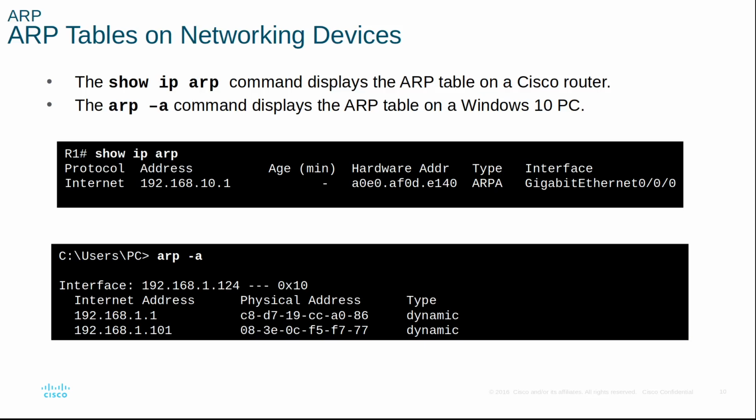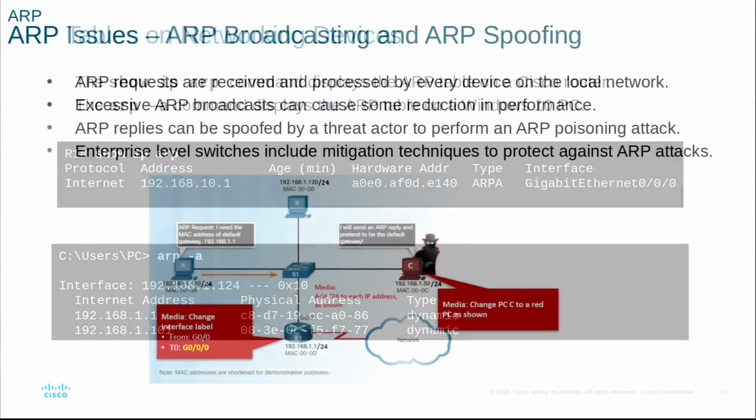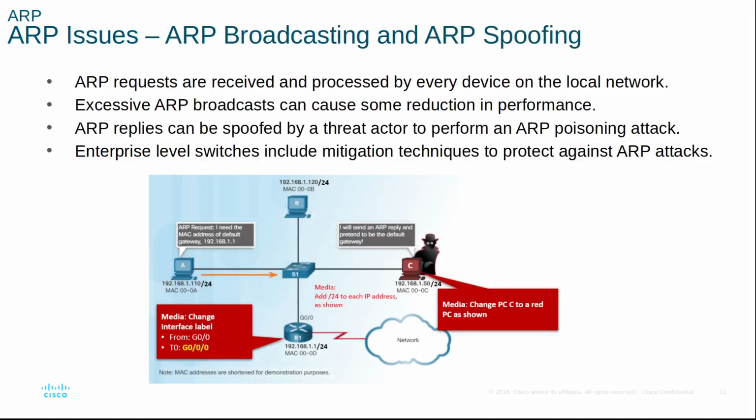Now, I mentioned an ARP request if a match isn't found. Well, how do those work? ARP requests are broadcast traffic. They're received and processed by every device on the local network. As you can imagine, if you have too many of these, it can reduce the performance of your network.